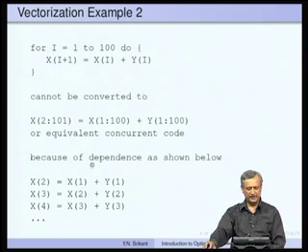So, every value which is computed in iteration I is used in iteration I plus 1. So, because of this, it is not possible to run the iterations in vector or parallel mode independently. They have to be run in a particular sequential order as indicated by the for loop. So, this loop is not parallelizable and it is not vectorizable either.